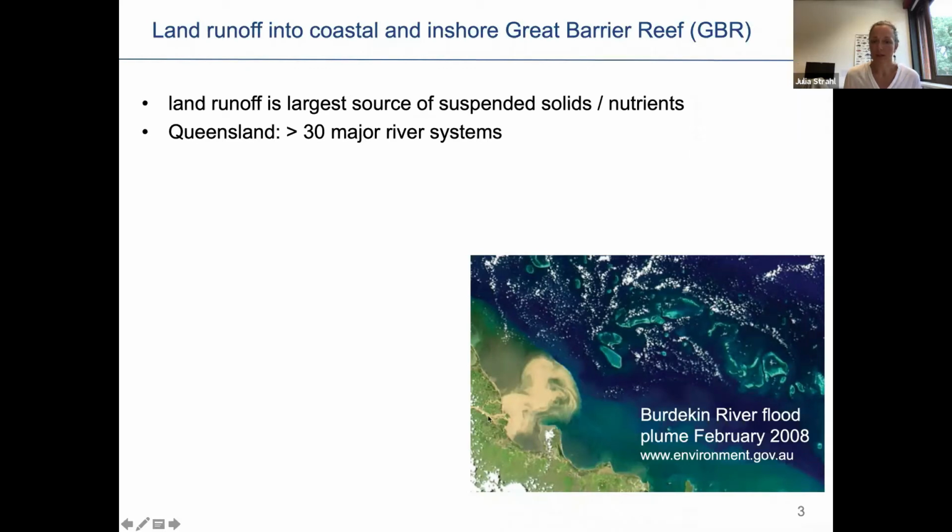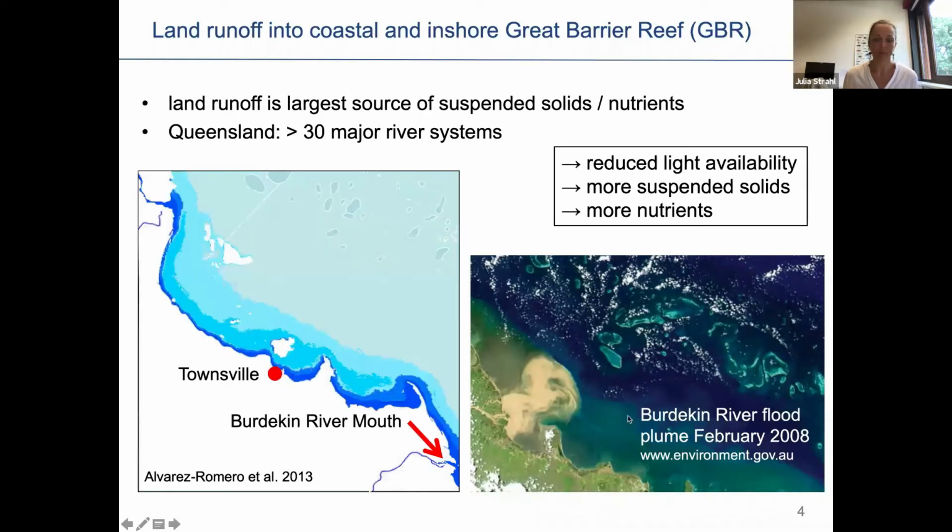And here you can see on the satellite image the flood plume of the Burdekin River on the Queensland coast in February 2008. And I think this is quite impressive, how many sediments actually enter the coast, which not only leads to an increase of particulate nutrients and sediments in these environments, but also strongly reduces the light availability.